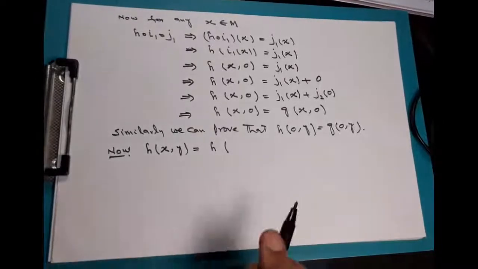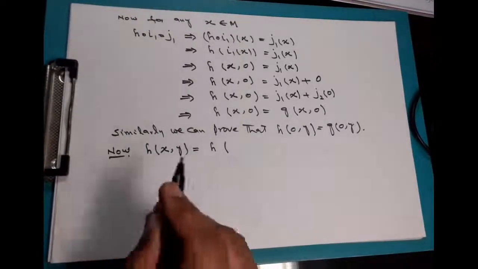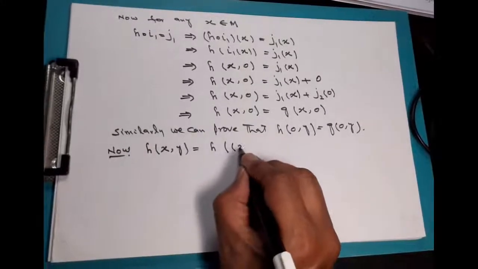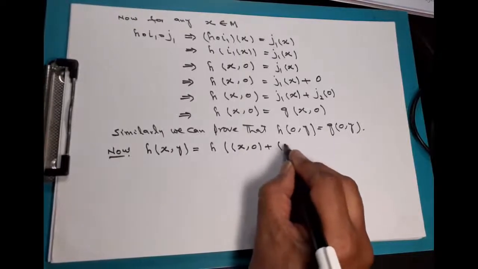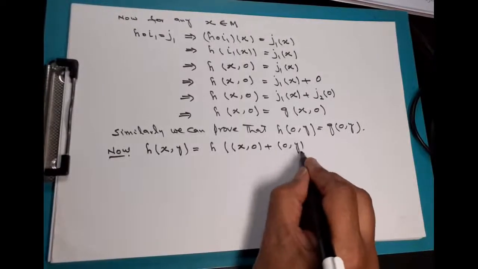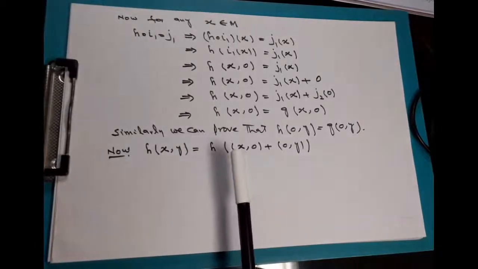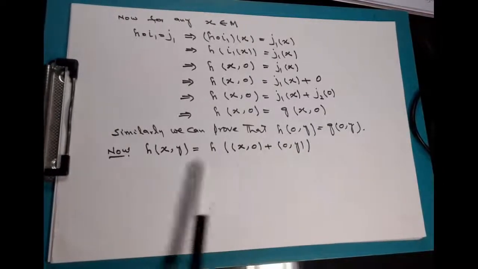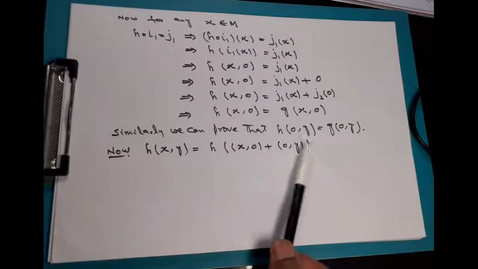Now M plus N is a module, and you can write the ordered pair (x,y) as (x,0) plus (0,y), because under addition in M plus N, the ordered pair (x,0) plus the ordered pair (0,y) is equal to (x,y). So you can write this as this.